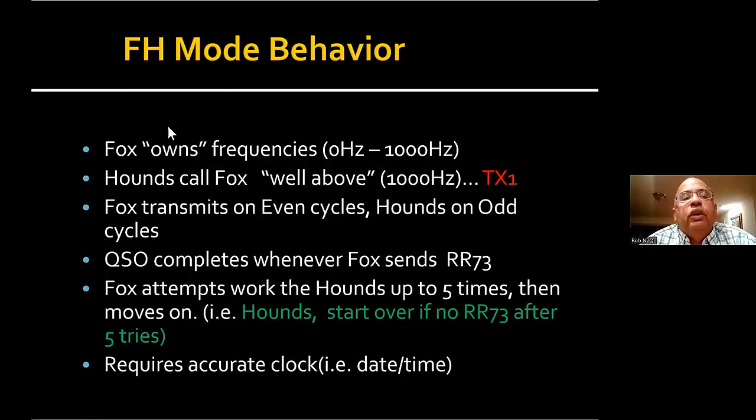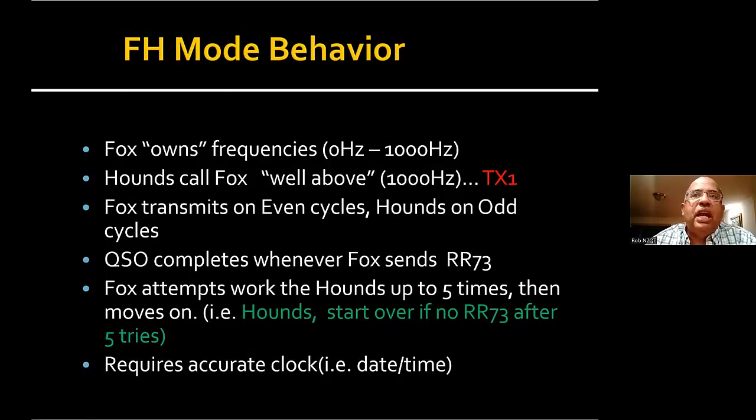Nowhere do you see in this fox-hound behavior that the hound is required to move down. That said, there's a huge advantage to the hound moving down because they are essentially guaranteed an exclusive frequency by the fox to complete their QSO.